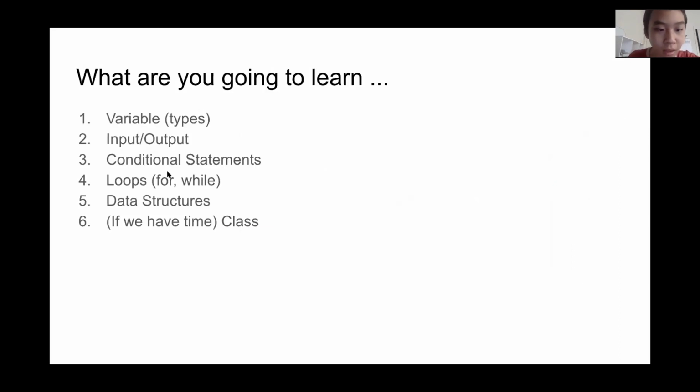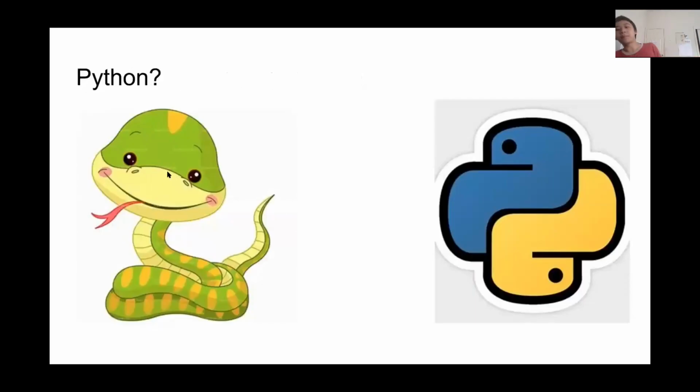All right, so today we're going to talk about Python. Python is a programming language, more specifically a general purpose programming language. There are 3 or 4 main purposes of Python.